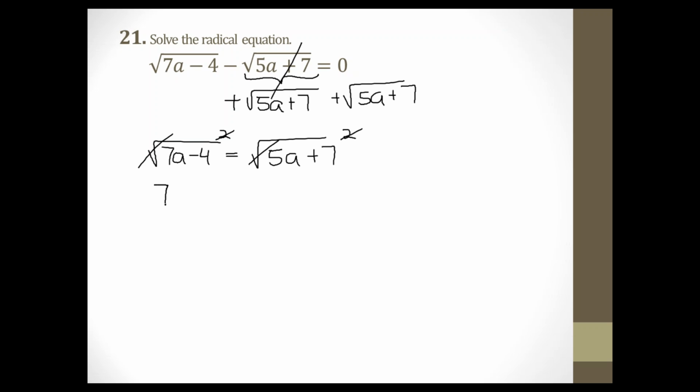And then we are left with 7a minus 4, which is equal to 5a plus 7. Solving for a, so let's add 4 to both sides. And we have 7a is equal to 5a plus 11.